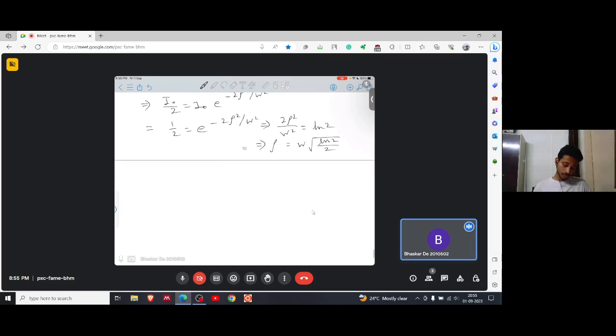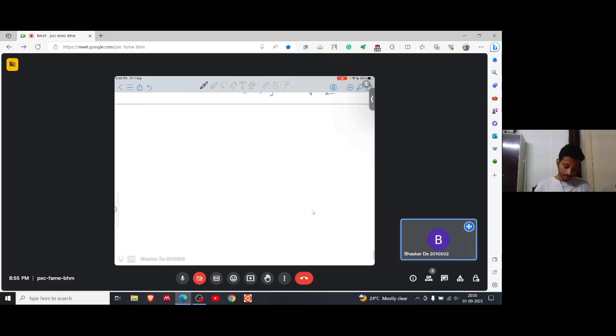Okay, so there are two kinds of diameter you can think of for a beam. So 1 by e square is somewhere here, the 1 by e square diameter, and then this is the FWHM.